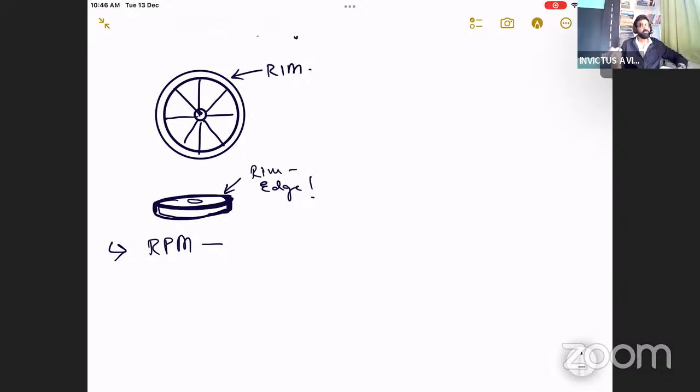The rotation of the rotor about its axis measured per minute is the RPM of the rotor. The rotation of the gyro rotor about its shaft or axis, one and the same thing for us, measured per minute is called the RPM of the rotor. Higher the RPM, greater the gyro rigidity.